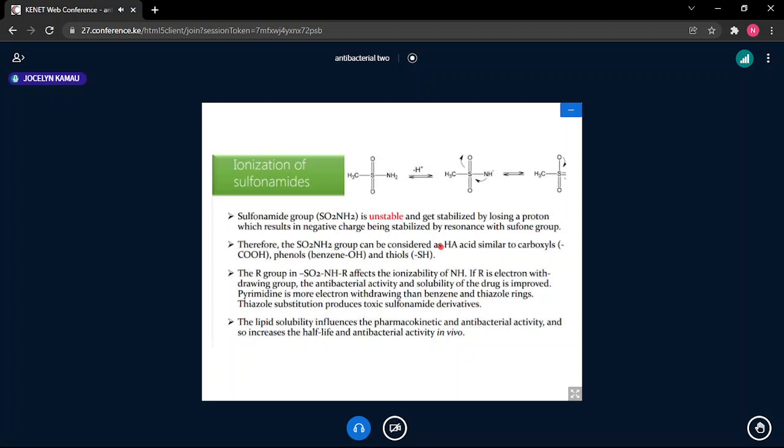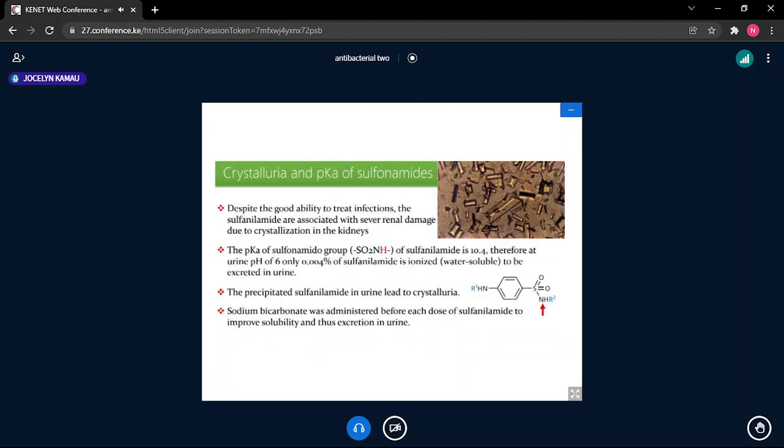So they will remain in solution in the urinary tract because they have high acidity, and therefore that way we will avoid crystalluria, as I've explained before. Crystalluria and pKa of the sulfonamides.